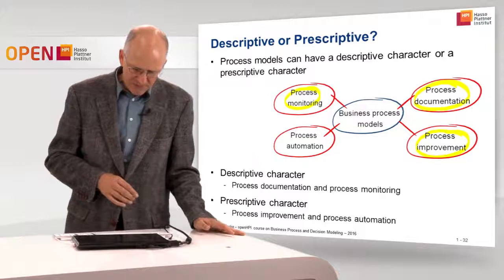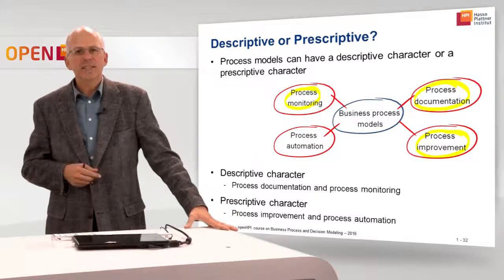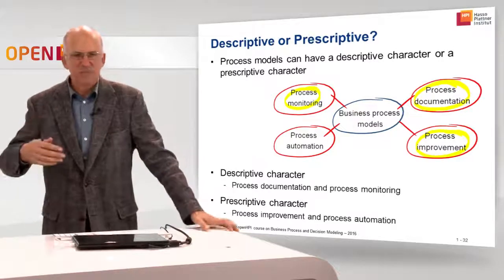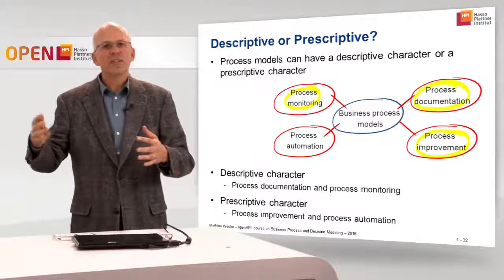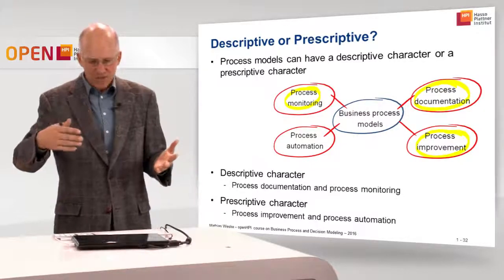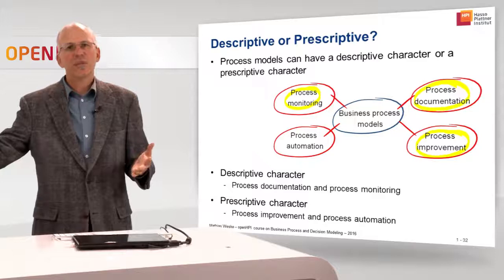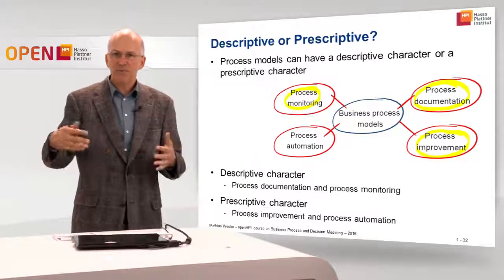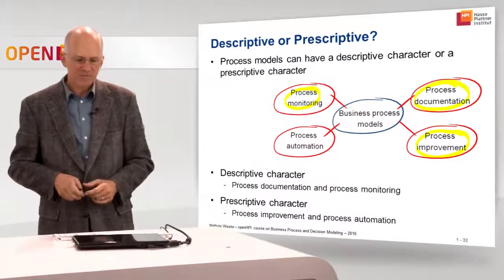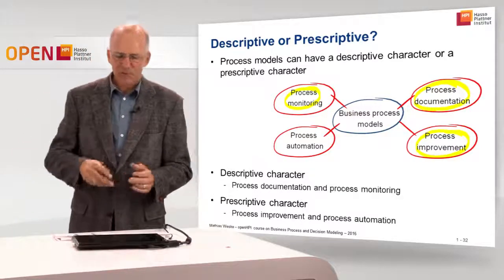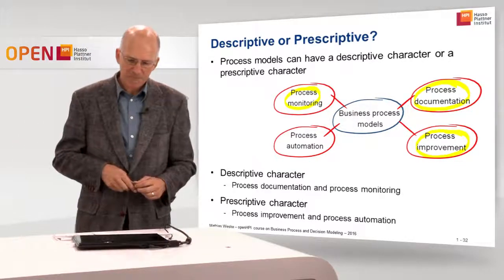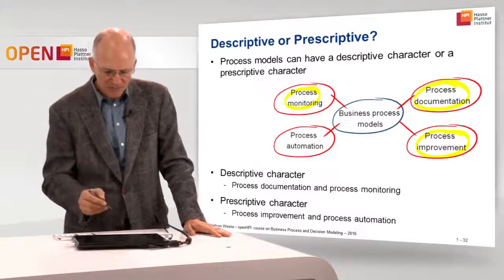Process improvement has this design idea that I want to create something new. I want to have a process, I want to improve it. Therefore, it starts with a descriptive character, but when I go to improvement, it has a prescriptive character, because once I improve the process, I want to then automate and implement the process in the organization. So process improvement has rather a prescriptive character in terms of business process models.